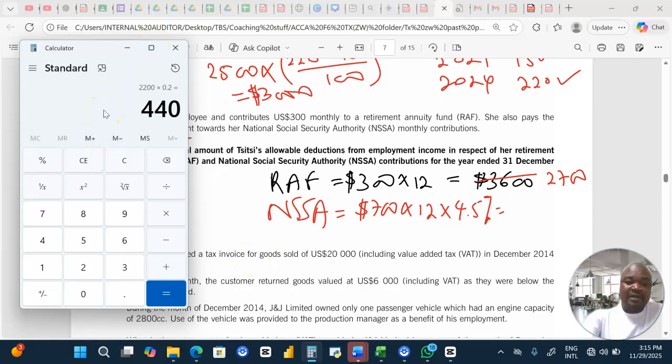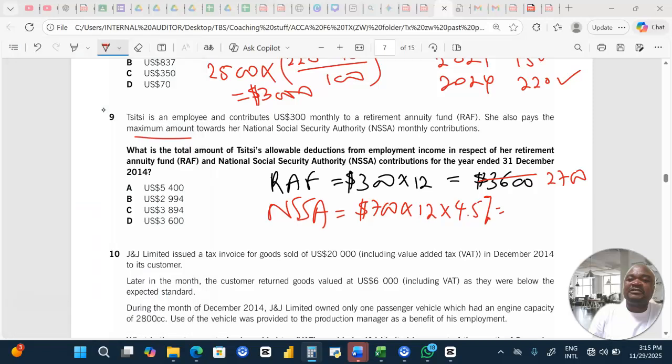So that's 700 multiplied by 12 multiplied by 0.045. That's 378. So if you add this, you're going to find that we are on 3,078. Yes, this amount is not going to be found there.